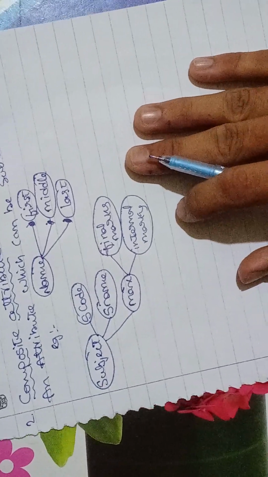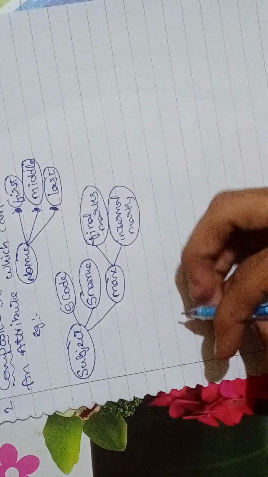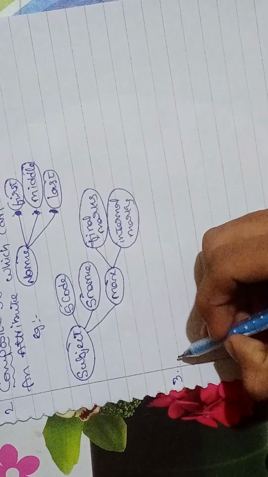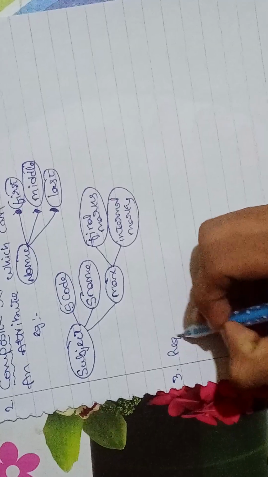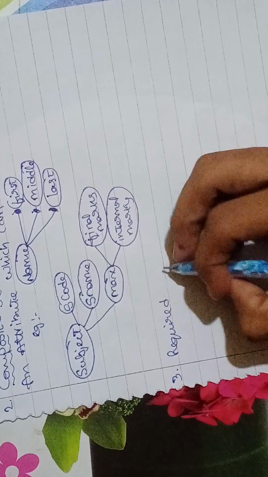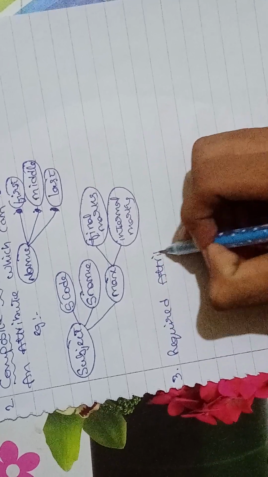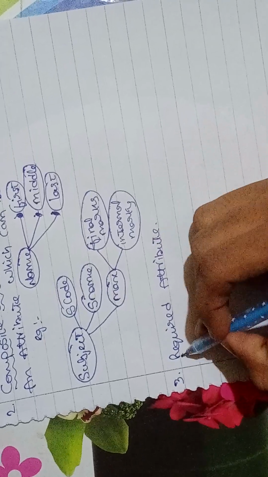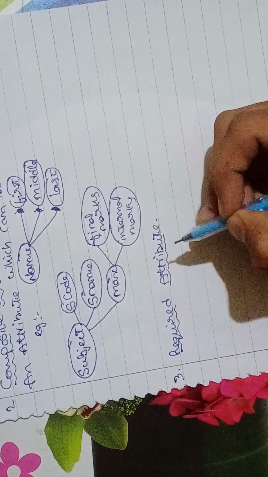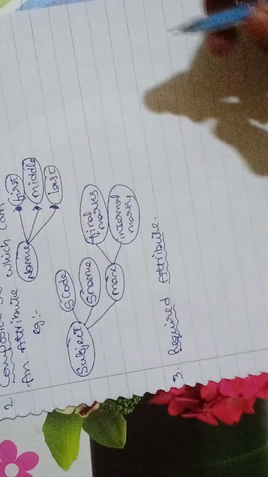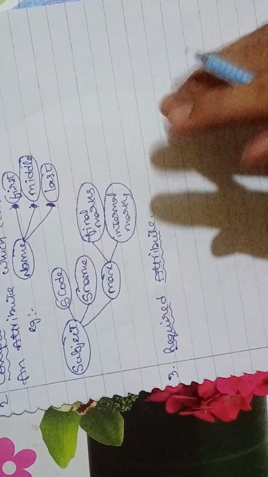Another, the third attribute, is the required attribute. An attribute which contains a value, only a single value.